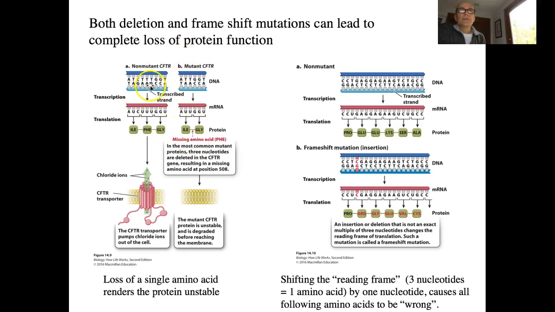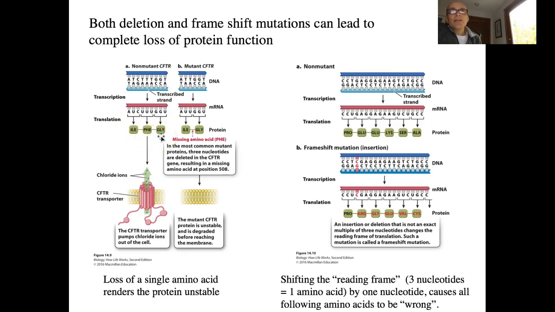So this is an example of a transporter. This is a chloride ion channel, and this particular gene, the CFTR gene, codes for this. If it's transcribed normally, then it gets translated into this sequence: isoleucine, phenylalanine, and glycine.